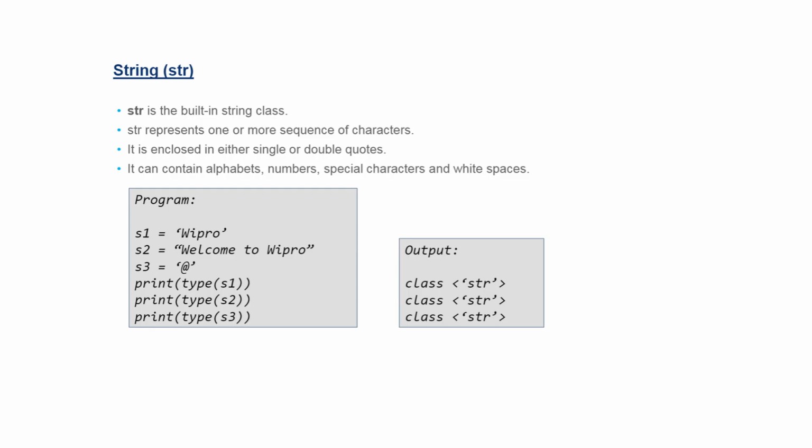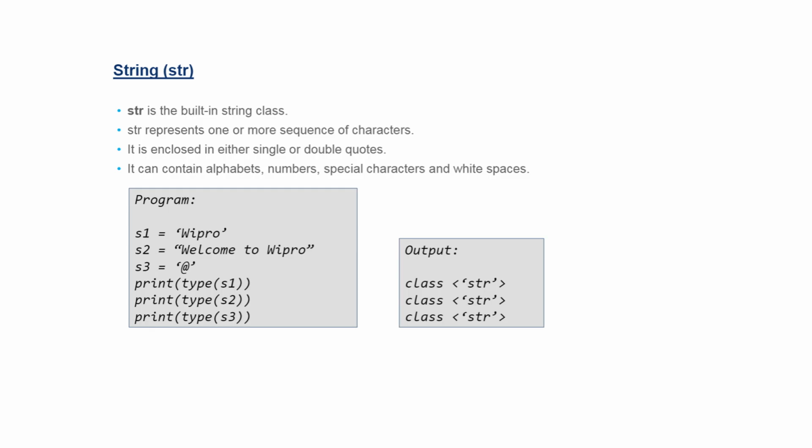So now there are three print lines with the print of type of S1, type of S2, type of S3. Here type of represents the data type of the variable declared. Okay, type of S1 means S1.